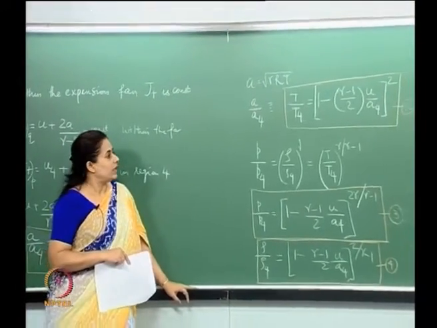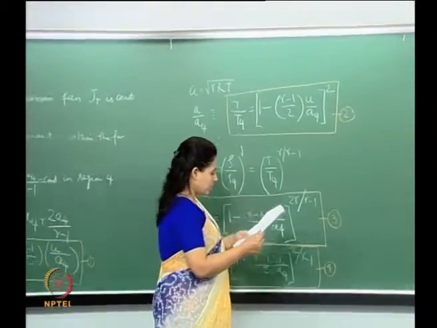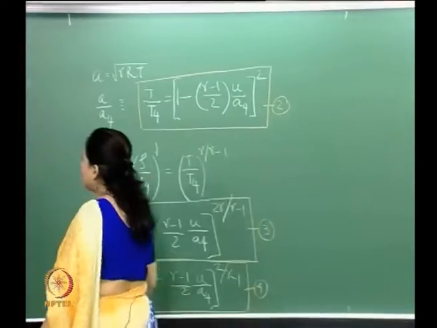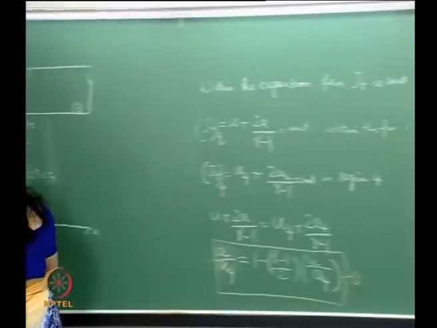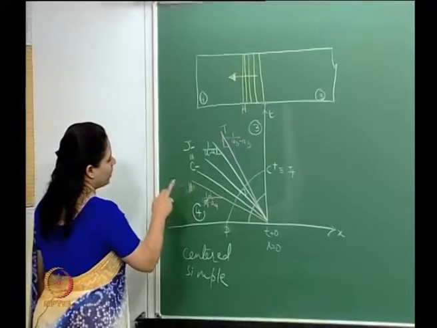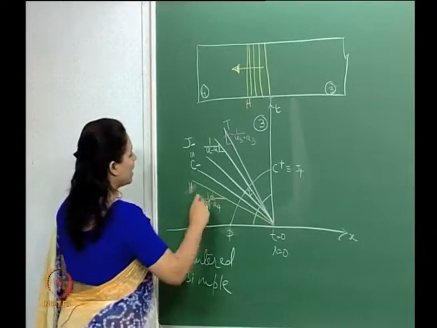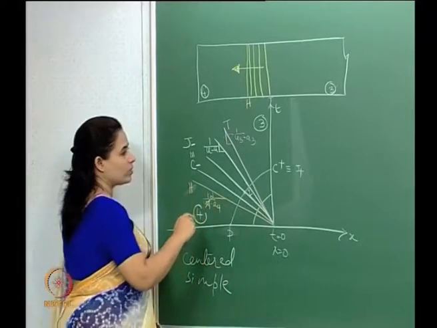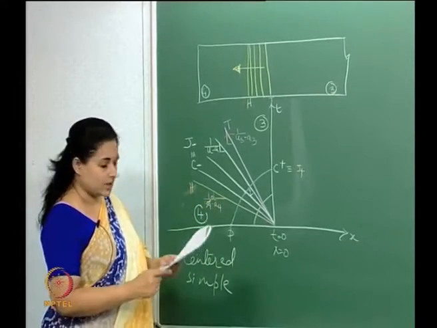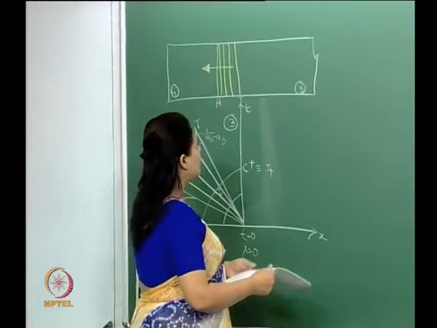Having done that, now this is a velocity u which is within the expansion fan. Now we know that along a C minus characteristic, where J minus is constant, the slope is dx dt, so u minus a.